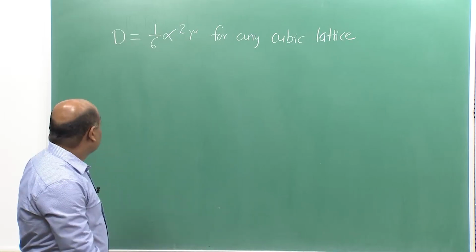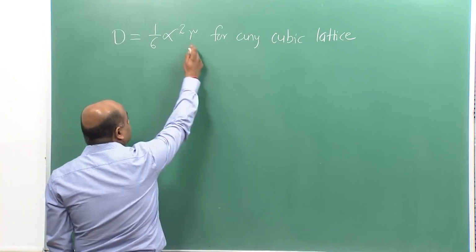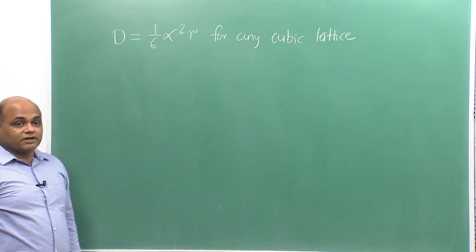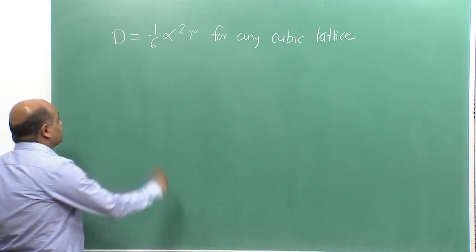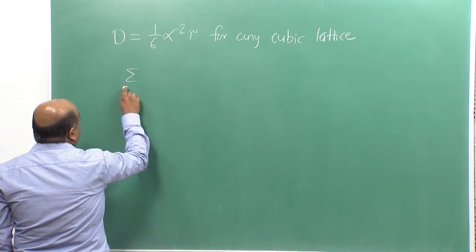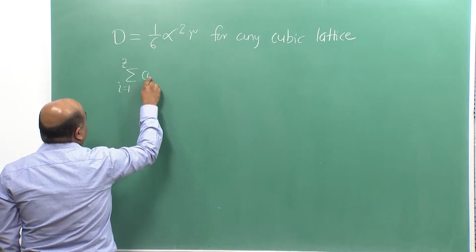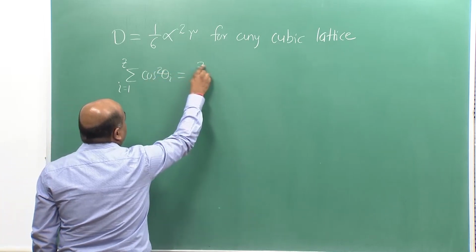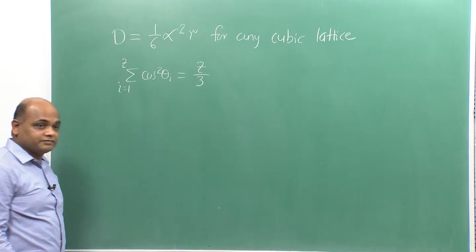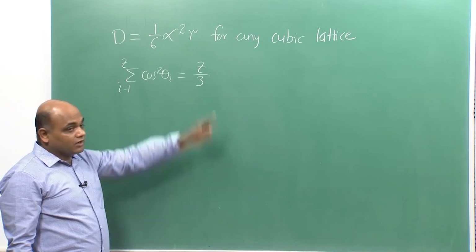In this equation, alpha denotes the jump length and gamma is the successful jump frequency of an atom. While deriving this equation, we use this. Z is the coordination number.